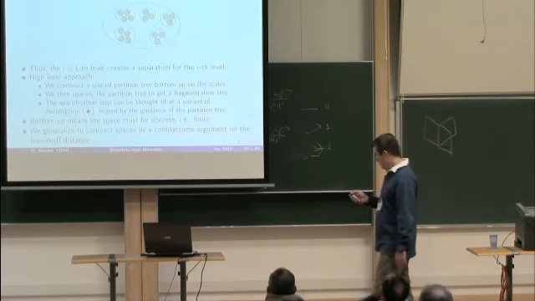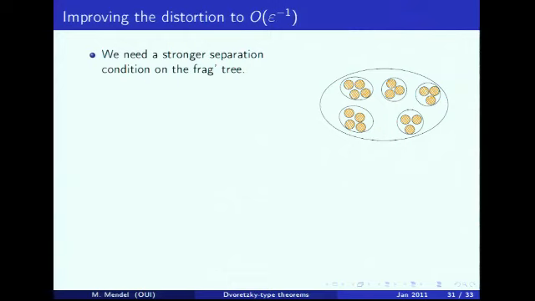A few words about the overall picture. This can actually be done, but the distortion is a little bit too high. It's exponential in 1/epsilon, and we want to get the tight distortion 1/epsilon, tight up to the constant hidden in the O notation. So what we do, we look again on lemma star prime, and we change the level.